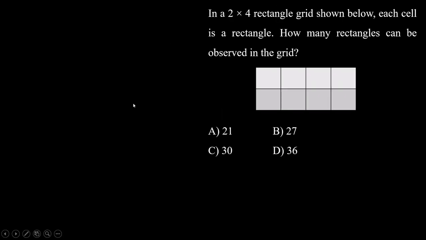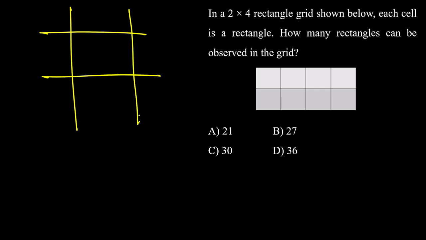Listen, for rectangle, if we have two horizontal lines and two vertical lines intersecting, can we find rectangle? Here, how many horizontal lines required? Two horizontal. How many vertical required? Two vertical. In this diagram, how many horizontal lines are there? How many vertical are there? How many horizontal lines? Three horizontal lines.